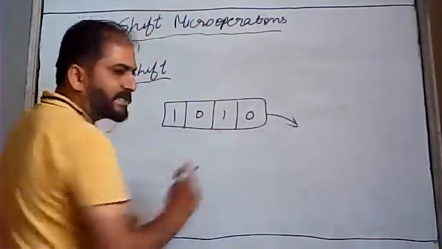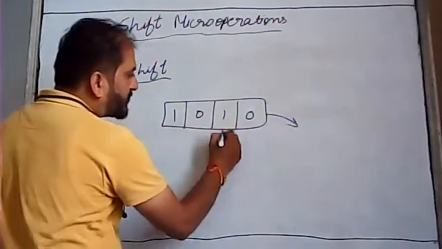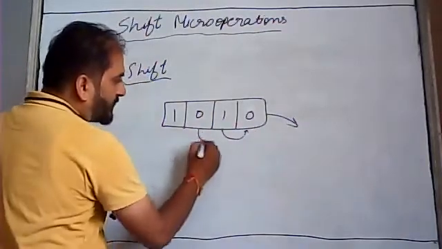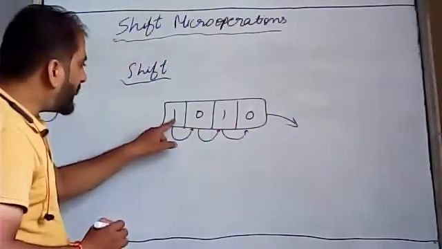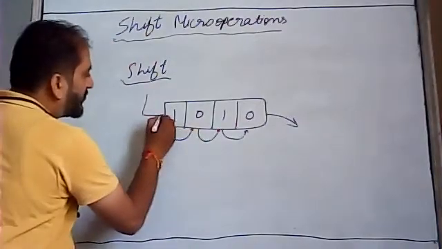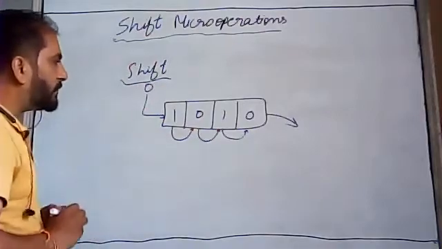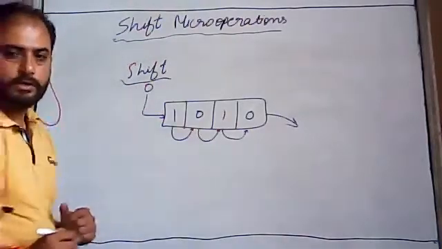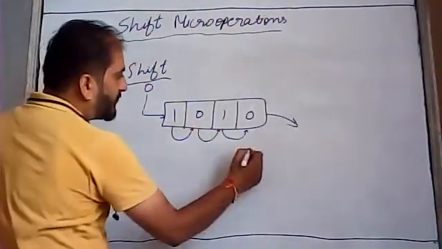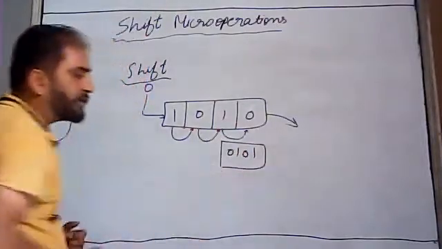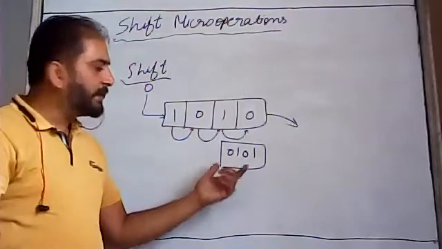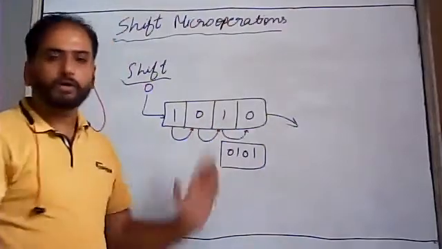This bit is discarded, and the other bits are each shifted one place, and at this position we will insert 0. So after shifting to the right, the result will be 1, 0, 1, 0. So this is the shifting of the bits from left to right.